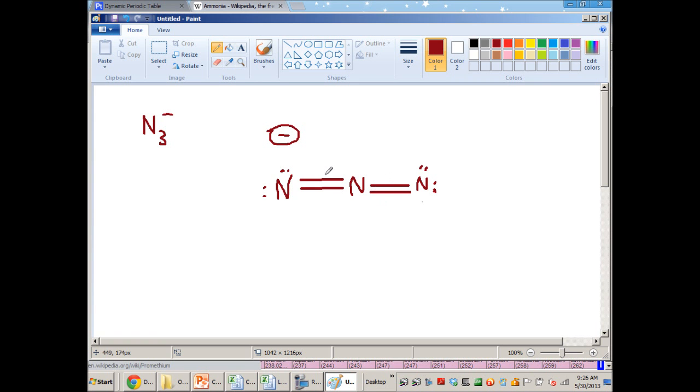Nitrogen starts with 5 electrons. If you split these 8 bonding electrons and you try to assign a formal charge to nitrogen, giving it half of these 8 bonding electrons would give it 4 electrons. Nitrogen starts with 5, so that's 1 less electron, so that would be a positive charge for nitrogen. We've depleted neutral nitrogen by 1 electron, so we give it a positive charge. And over here it's going to be the same thing as this one, right?